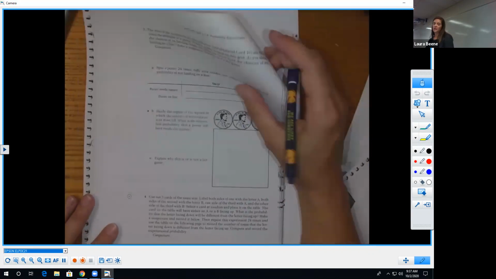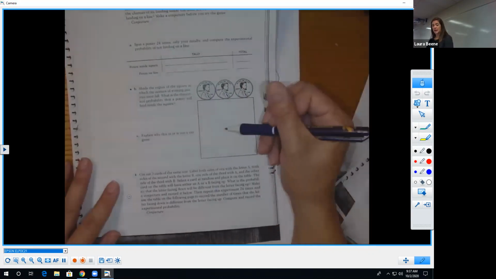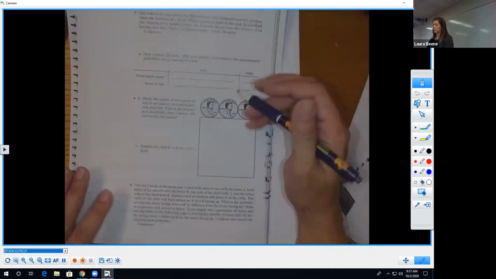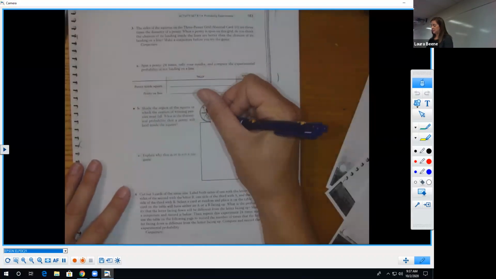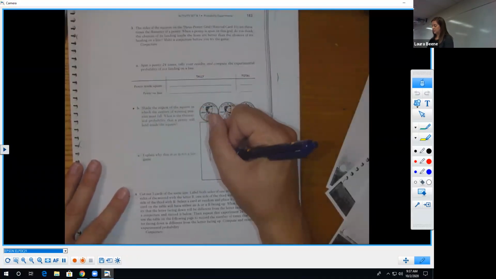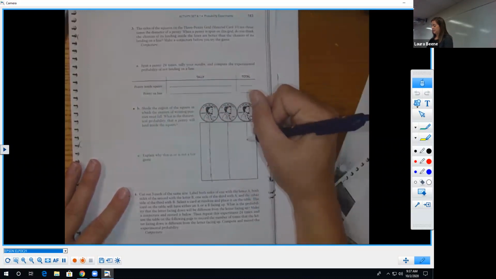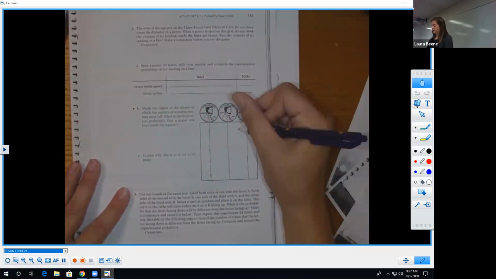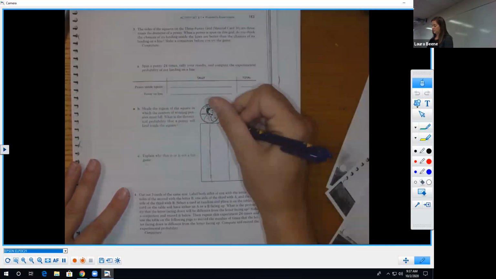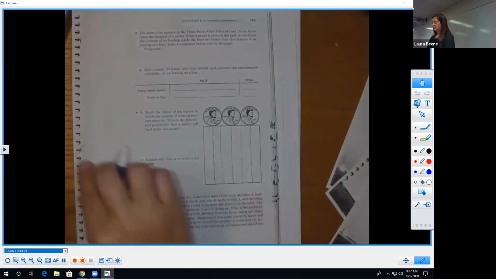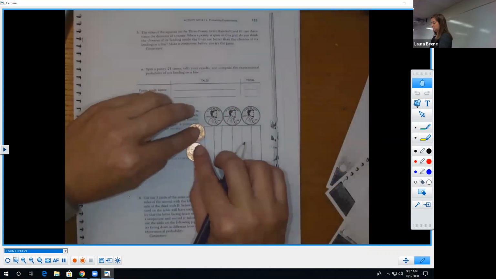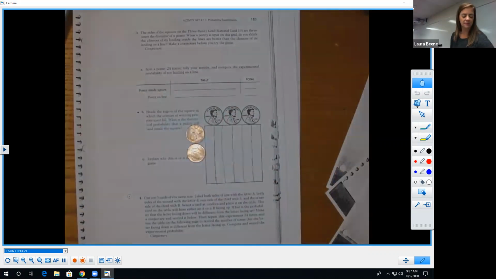So theoretically, is this a fair game? Can I get a higher percentage, closer to 50%? So again, I'm going to do the same thing. I'm going to draw my lines here for the center of my pennies. And you have more lines this time. It's going to be the same thing on the sides here.